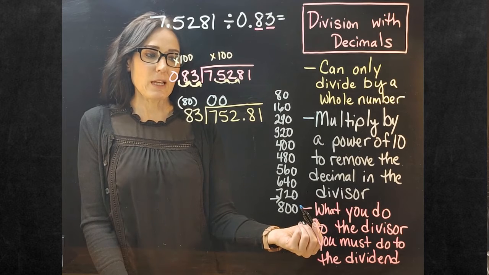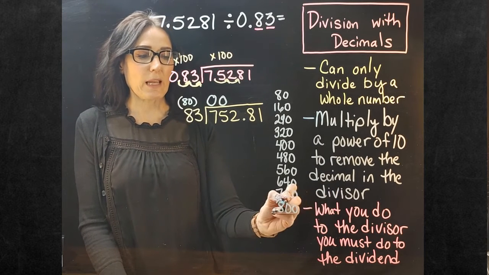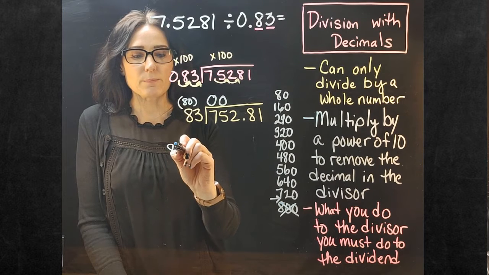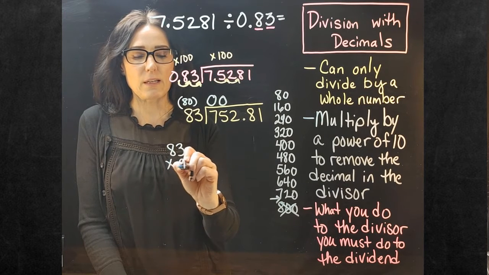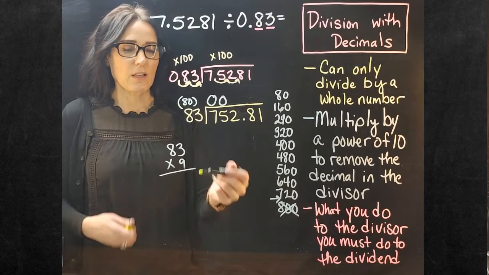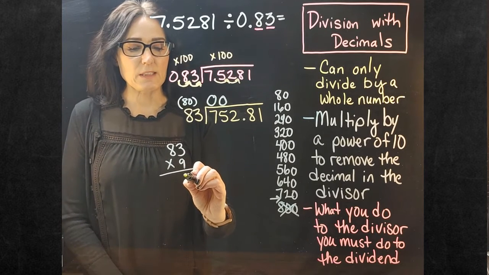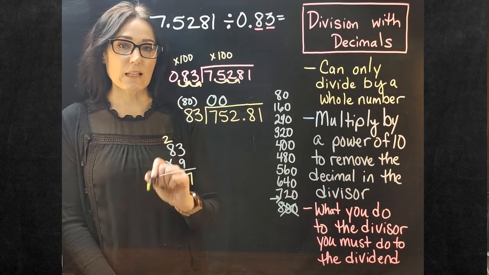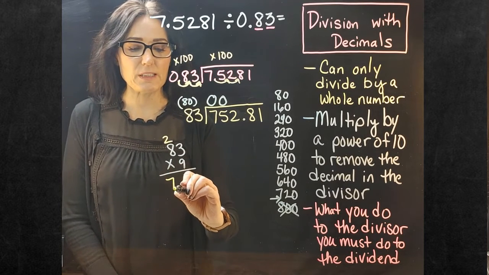I think it's going to be 9 because 10 would be too large. We can't use 10 anyway, so let's use 9. So let's try 83 times 9. 3 times 9 is 27, carry the 2. 9 times 8 is 72, plus 2 is 74.